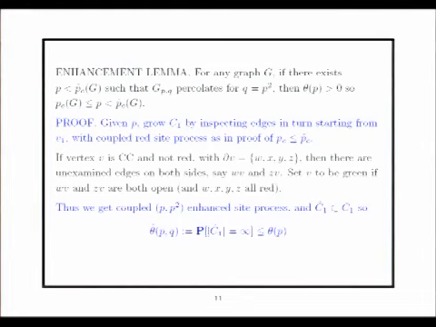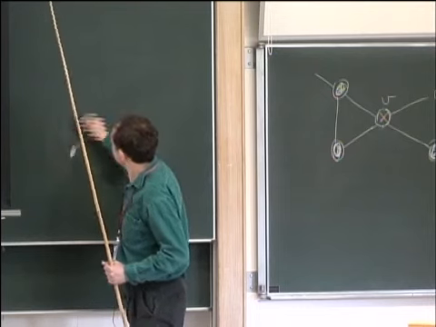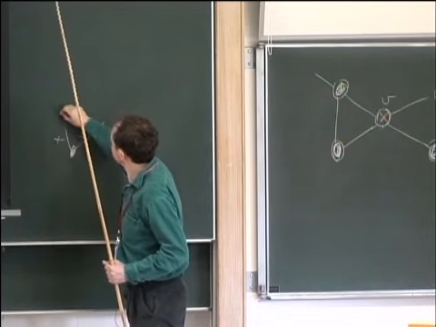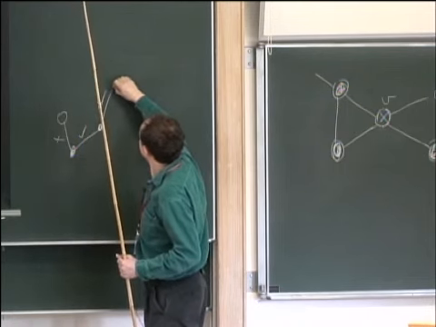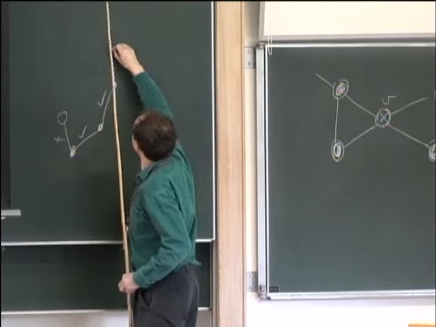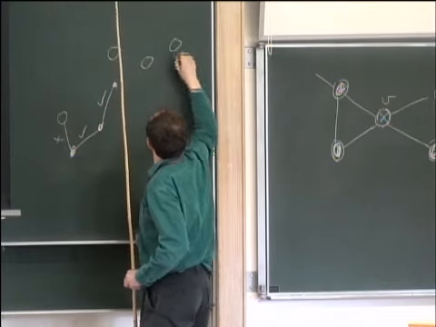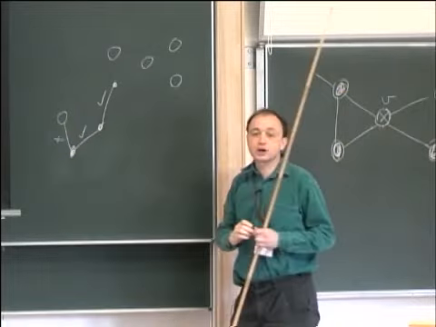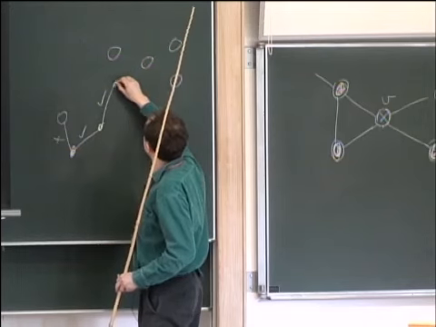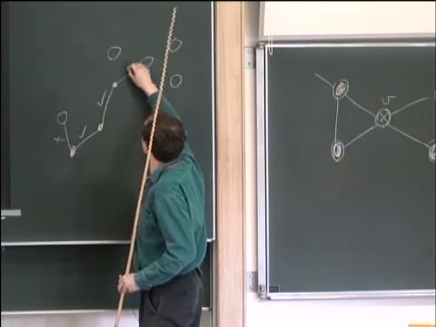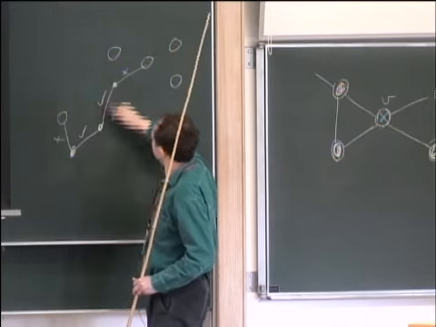Maybe this edge is open, so we include that one. Maybe this one is not open, so we don't include that one. This one is open, and so then somewhere we're going to have a bow tie. This will happen from time to time. We get something correctly configured, and then maybe we actually decide this one is not open. So in that case, this is not red, whereas these ones are all red.